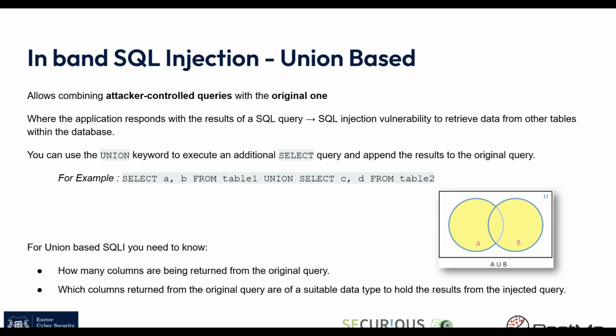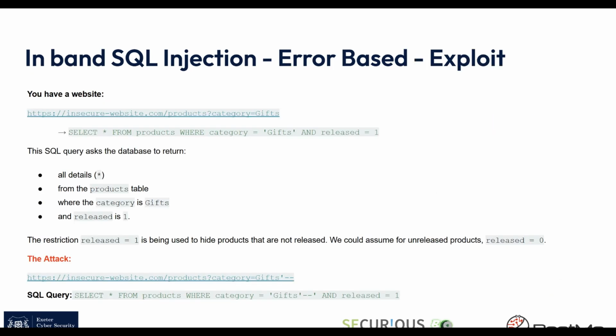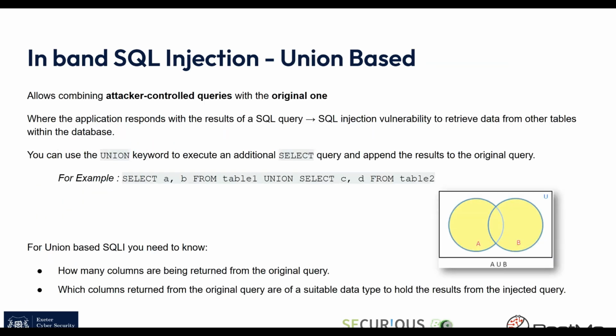You can combine an initial query that is fetching something with your own query. Imagine this initial statement was a select, and I add a union at the end saying, with this also give me something else. This is where the union comes in when you want to fetch extra data from an initial request. But very important, you need to know how many columns are returned from the original query before you inject your union.